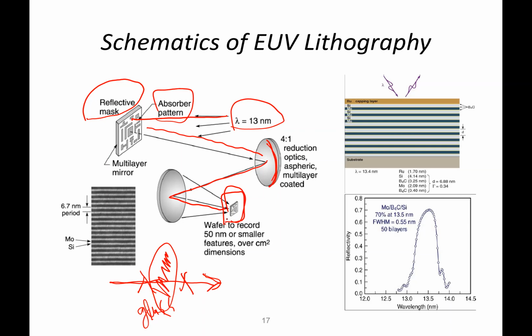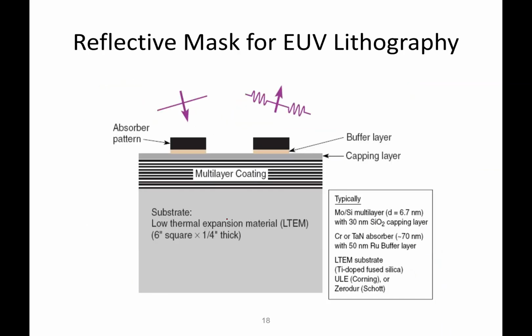For this, what kind of lens can be used? This is a multi-layer coating of molybdenum and silicon. Having this multi-layer coating, we can have light reflection. You know about constructive and destructive reflection, so the reflection can be made.